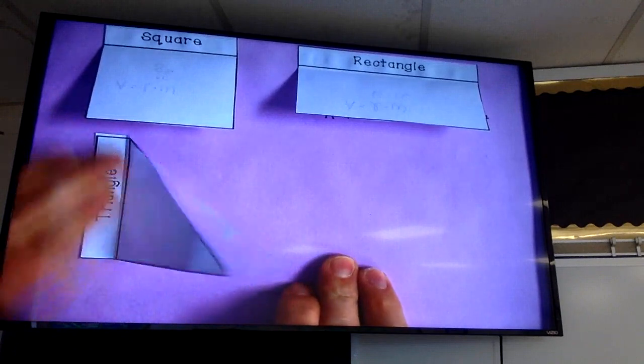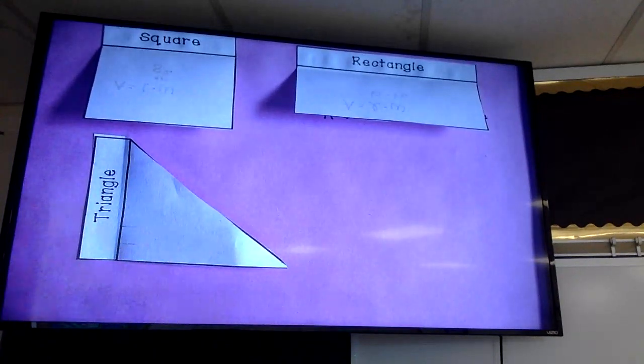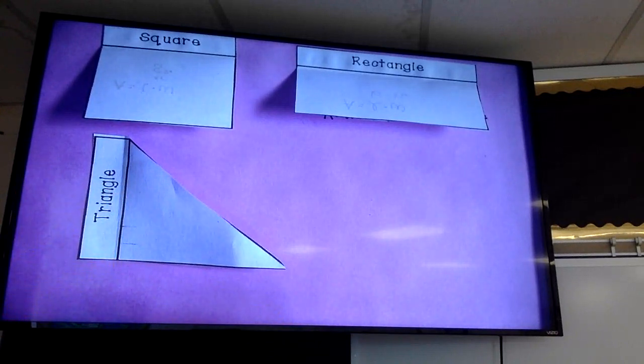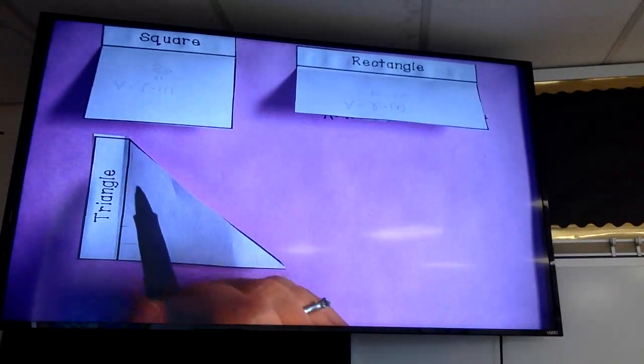Okay. So we know a triangle is any three-sided figure. Remember, there are a couple different types of triangles. There's scalene and isosceles, and what am I missing? Scalene, isosceles, and equilateral. And then we can also name a triangle by its angles.